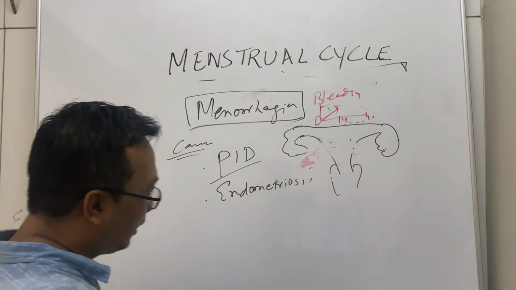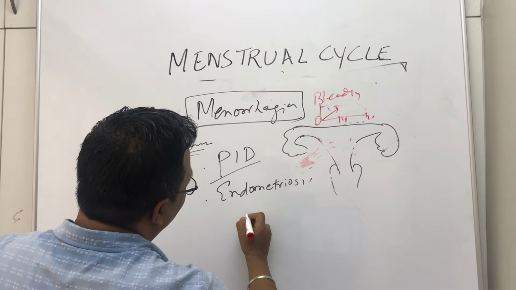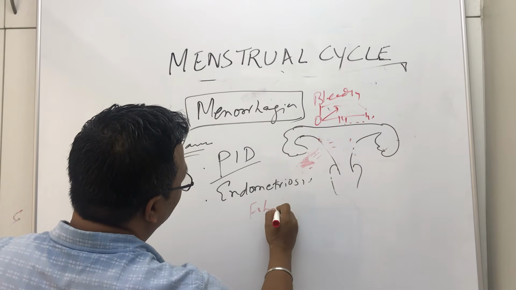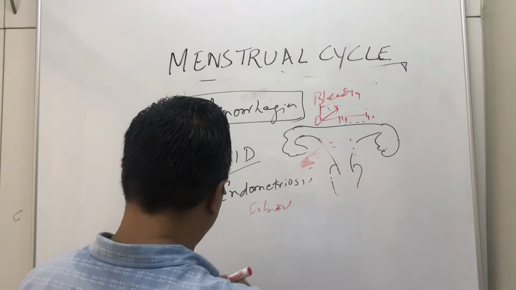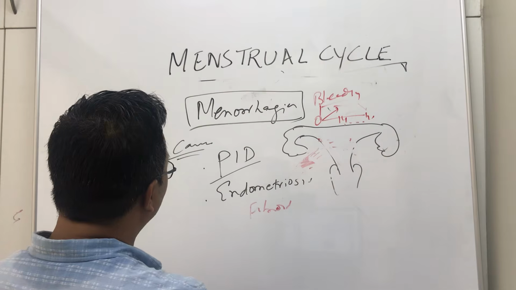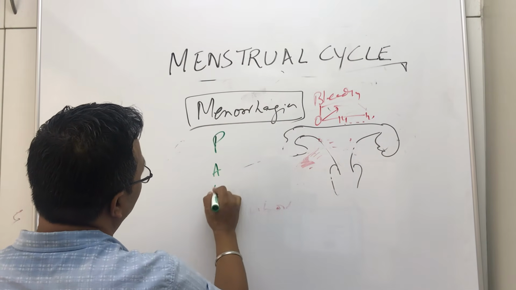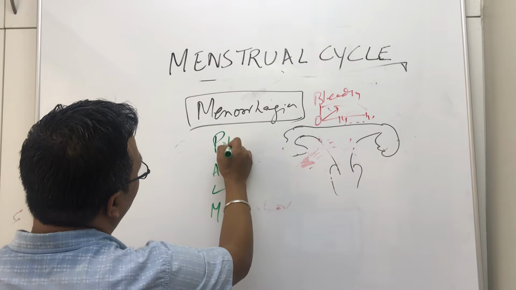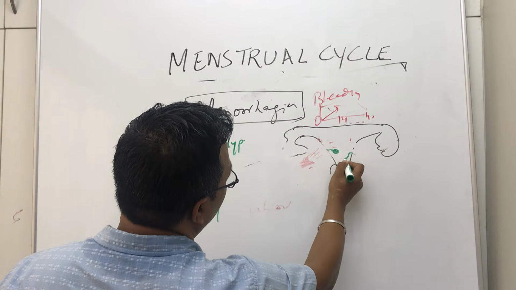And what else? Any sort of structural deformity like fibroids, as I discussed, all those etiologies are the same. Any sort of polyp, these are called polyps.